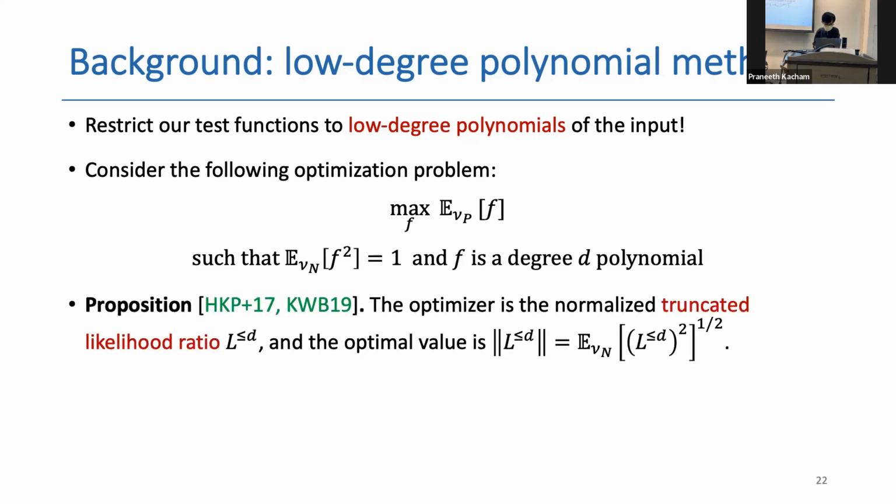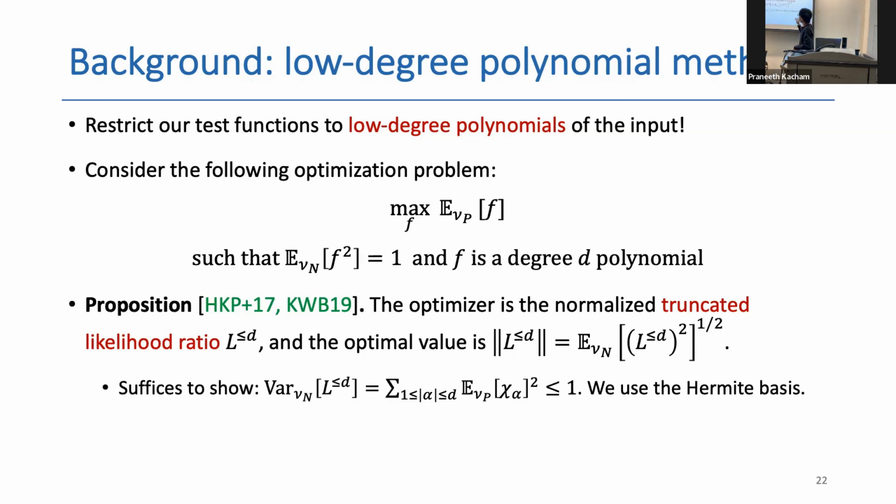Previous work has proved that the optimizer is the normalized truncated likelihood ratio, and the optimum value is this. I'm not going to go into detail of this, but it suffices to prove that this quantity, the sum over alpha of expected chi alpha squared, where the expectation is over the planted distribution, is less than 1.